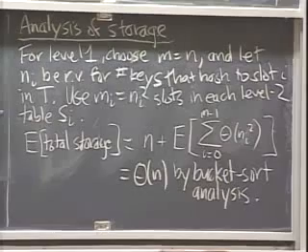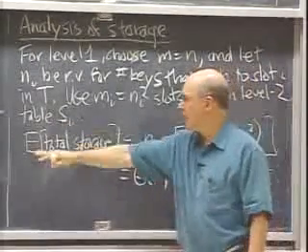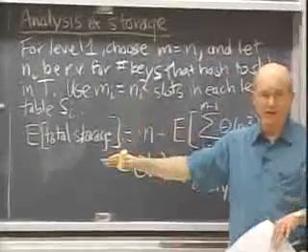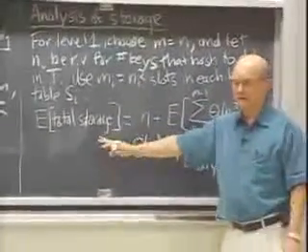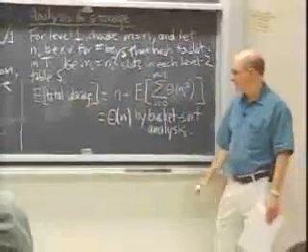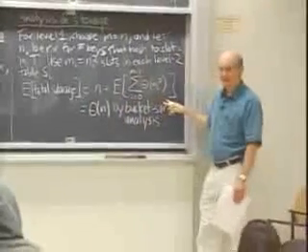Okay? And you can also, out of this, as we did before, get a probability bound. What's the probability that it's more than a certain amount times n using Markov's inequality again? Okay? But this is the key thing, is we've seen this analysis.